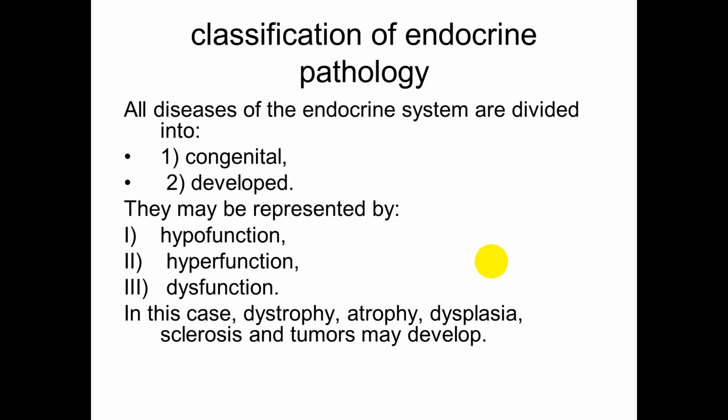Also, the classification of endocrine pathology. All diseases of the endocrine system are divided into congenital and developed. They may be represented by hypofunction, hyperfunction, dysfunction. In this case dystrophy, atrophy, dysplasia, sclerosis, and tumors may develop.